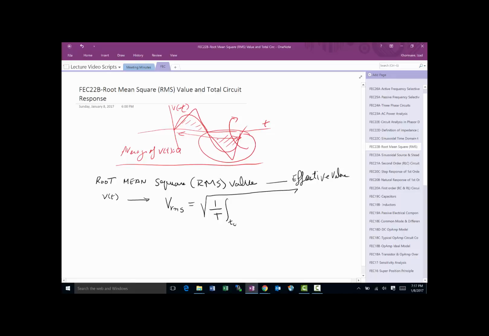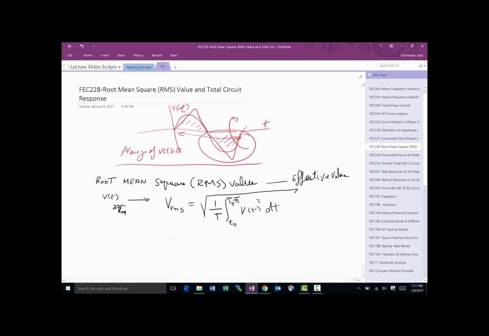This basically says you can start anytime as long as you stop after one whole period is completed. And then you square the signal, V of t squared dt. So that's a general form, and that's where it stops.